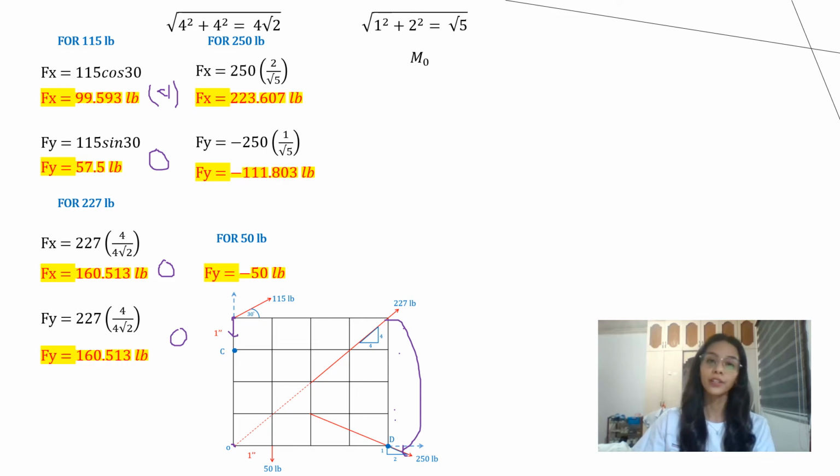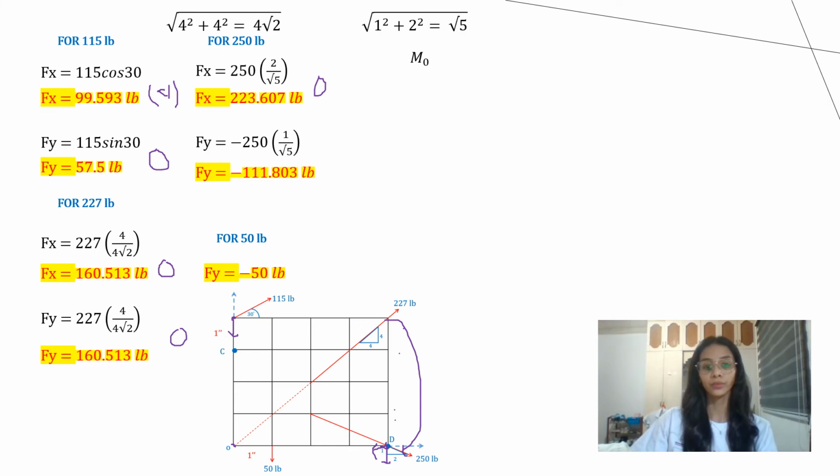So for our 250 pounds, we have 223.607 pounds, and since this is already pointing at point O, it is considered as 0. For our Fy, it is negative 111.803.